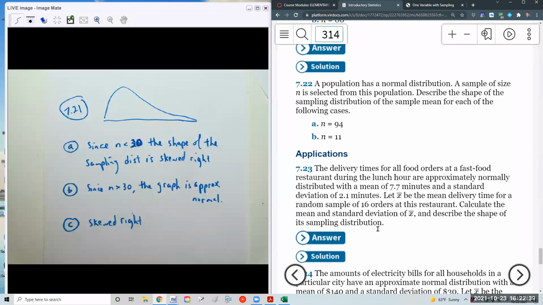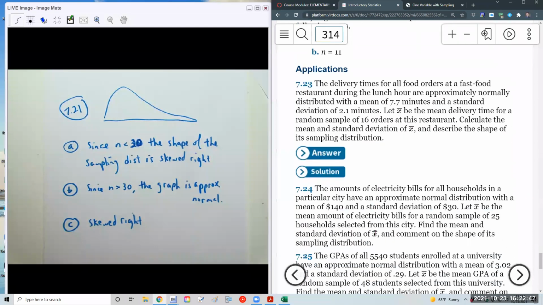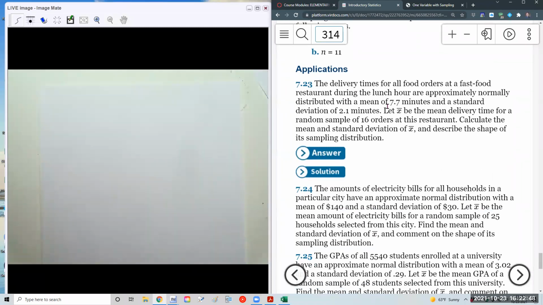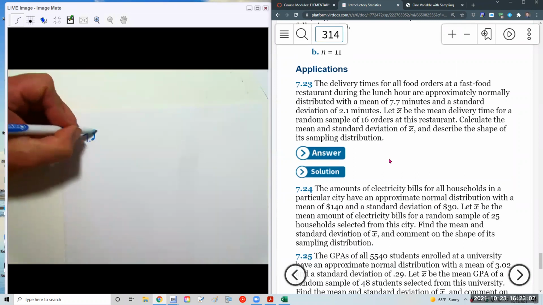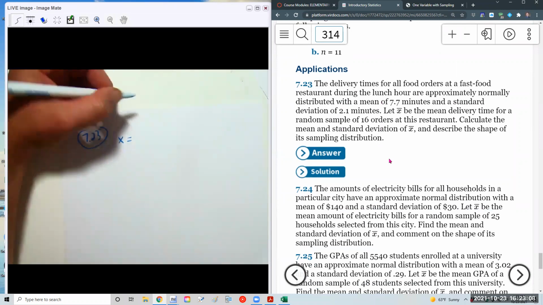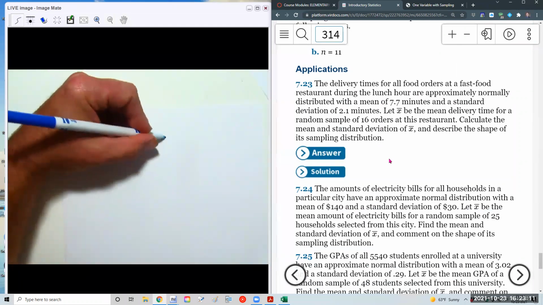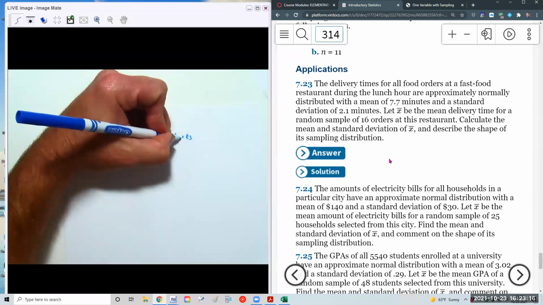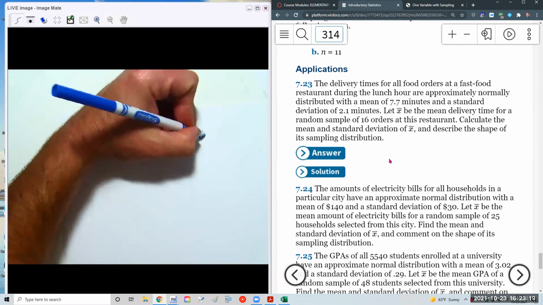Pretty exciting stuff, huh? Let's take a look at some of these applications here, or word problems. 7.23, let's take a look at that one. The delivery times for all food orders at a fast food restaurant during the lunch hour are approximately normally distributed, with a mean of 7.7 and a standard deviation of 2.1 minutes. Okay, so right there, they told us that the random variable x is representing delivery times during the lunch hour.